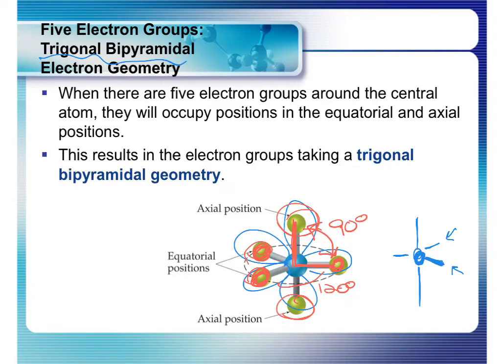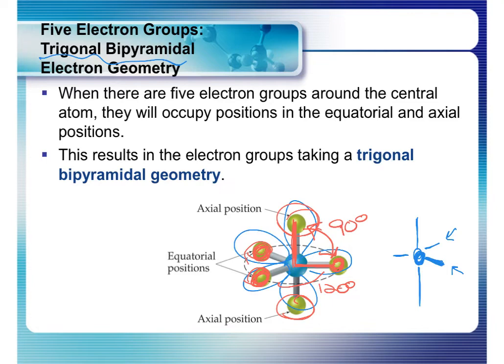Because if you are a lone pair of electrons, you're repelling. Remember, all your neighbors repel you when you repel them. So you want to get as far away from all the other valence electrons as you can. Where would you rather be?